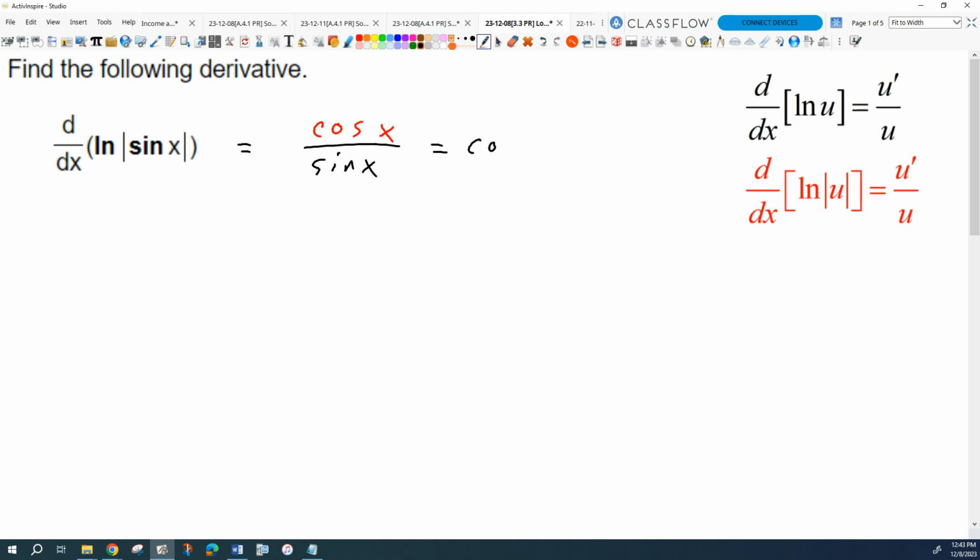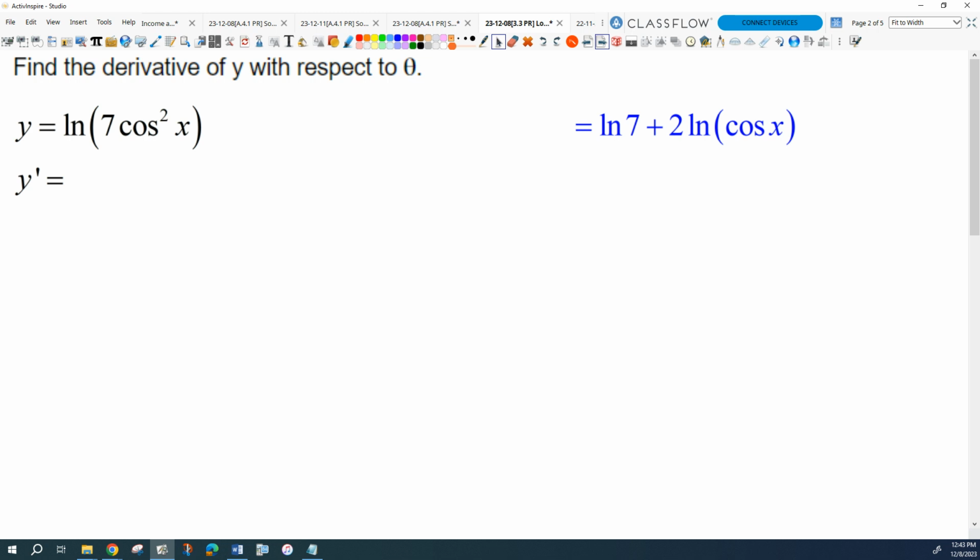Cotangent. So there's our answer. That's the actual answer. That's it. Because the derivative of log u is just u prime over u.